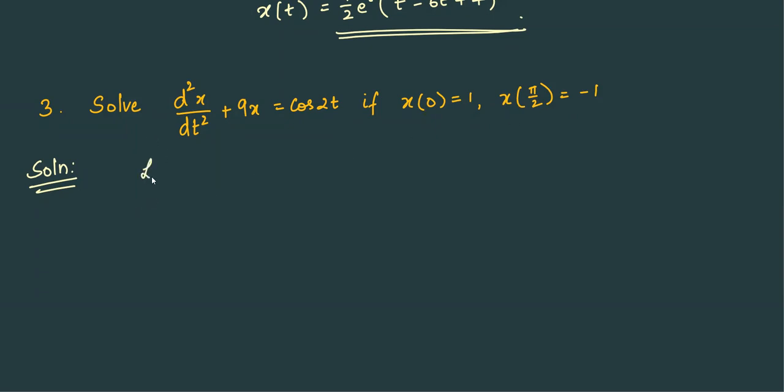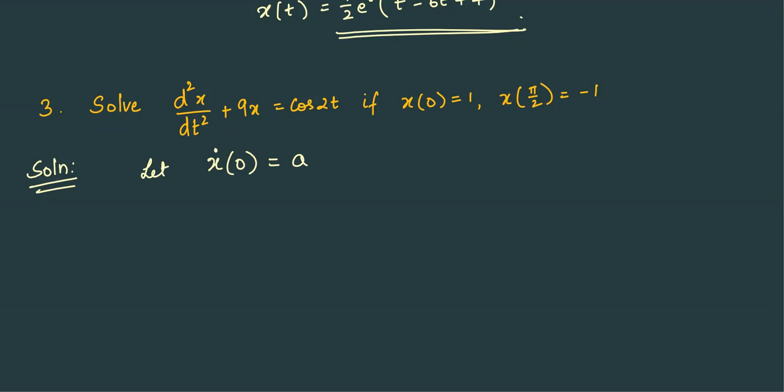So let us take x dot 0 be equal to a. That means the first derivative of x with respect to t at t equal to 0 is a.